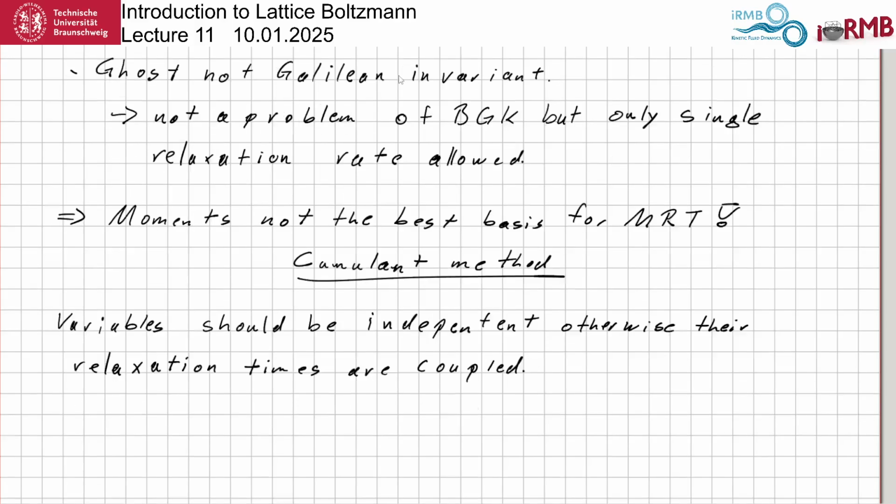Then we'll have to think about what independence means. The people who invented Lattice Boltzmann said, okay, independence: we make the matrix orthogonal, and then the variables are independent.